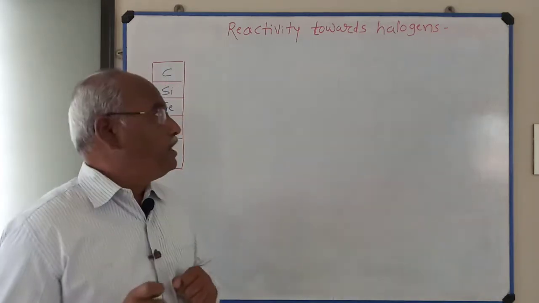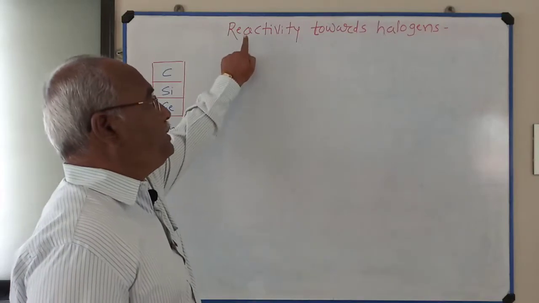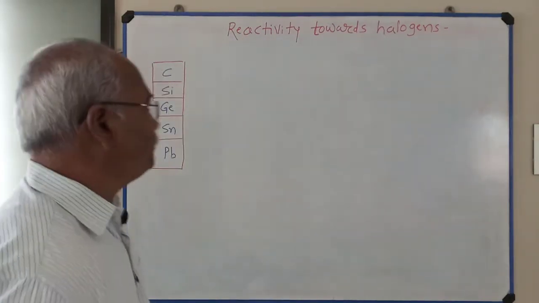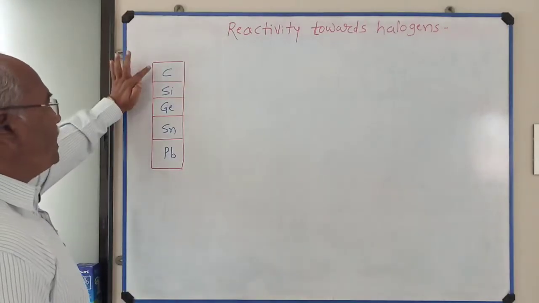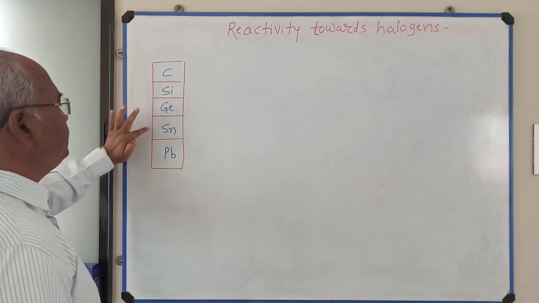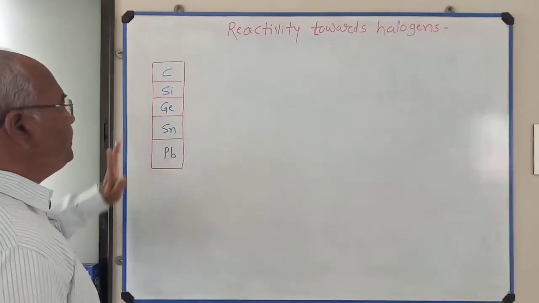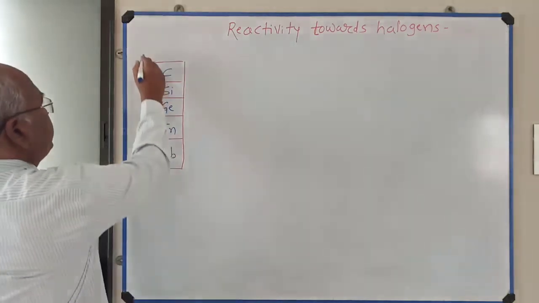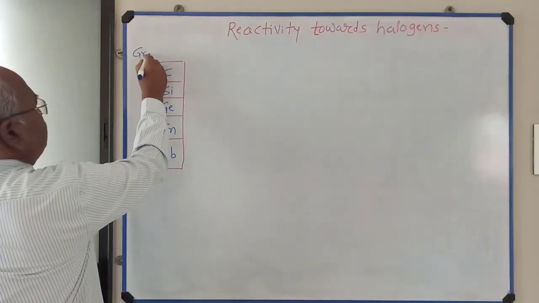Today we are going to study reactivity towards halogens. So you know that carbon, silicon, germanium, tin and lead, these are the elements included in group number 14.